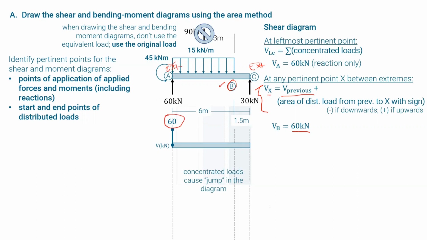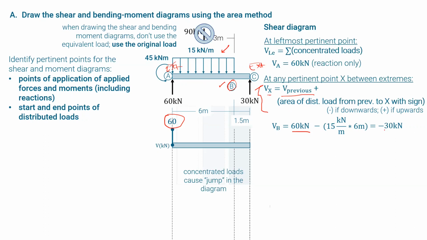Sa A. So 60 plus yung area ng distributed loading from A to B. So ito yung distributed loading mo, no? So ano yung area niyan? It's just a rectangular load. So 15 times 6. Pero sabi, kailangan i-consider mo yung sign. So negative if downwards, positive if upwards. You can see here, a downwards loading. So kaya meron akong negative dyan.